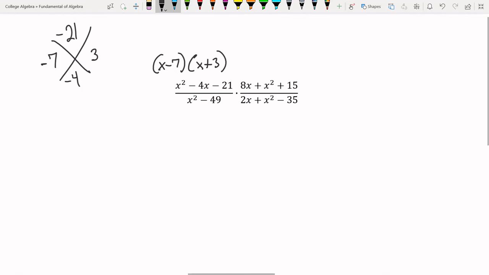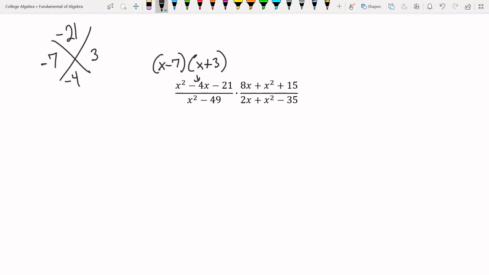You can always check your work. X times x is x squared. X times 3 is plus 3x. Negative 7 times x is negative 7x. Negative 7x plus 3x is negative 4x. And of course, negative 7 times positive 3 is negative 21. So we get x squared minus 4x minus 21. And that's what we have here.